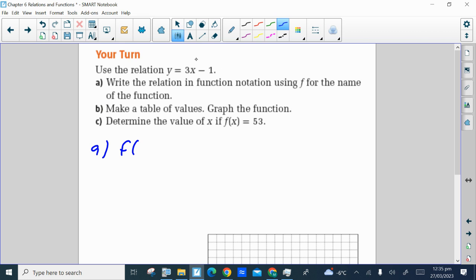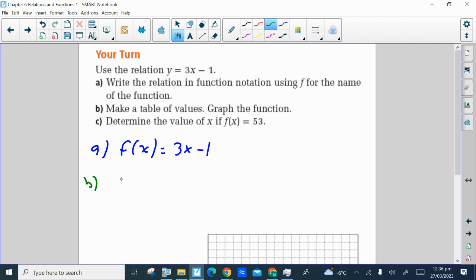In this case, the variable x is inside the equation, so we would say f at x, because x is the variable in the equation. So instead of y equals 3x minus 1, we say f at x equals 3x minus 1, which means that f is a function of x. So there is the answer to part A. We've written it using function notation.